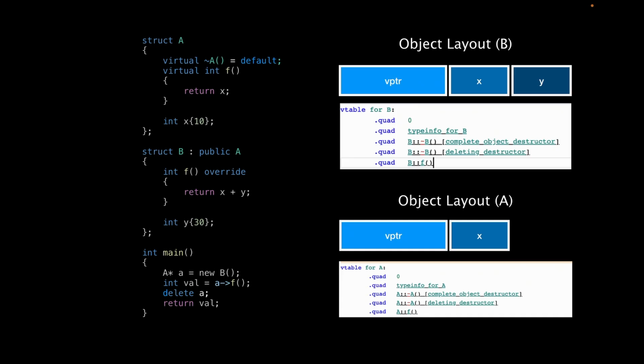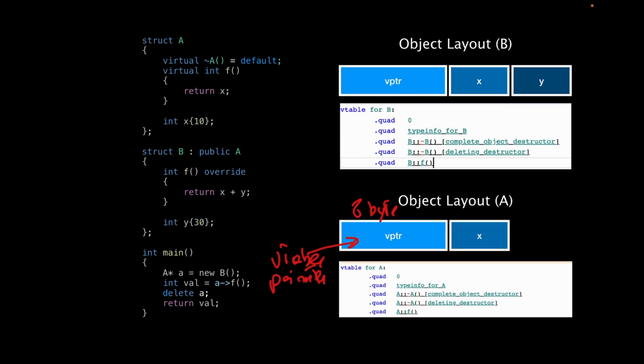We are going to have, as the first bytes of the object of A, an 8-byte pointer that is our virtual table pointer, the vtable pointer.